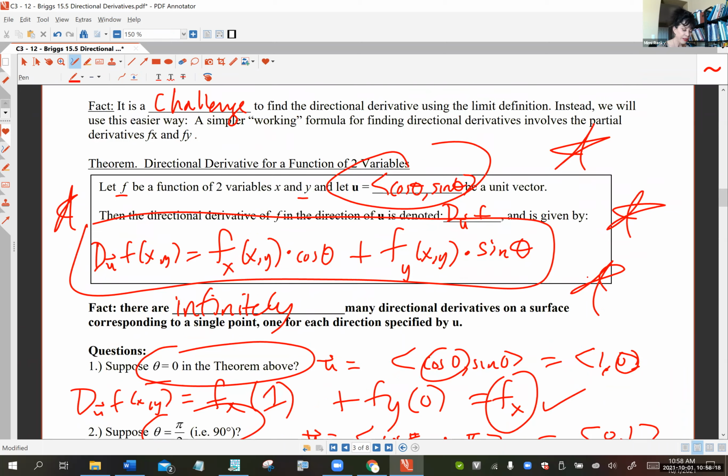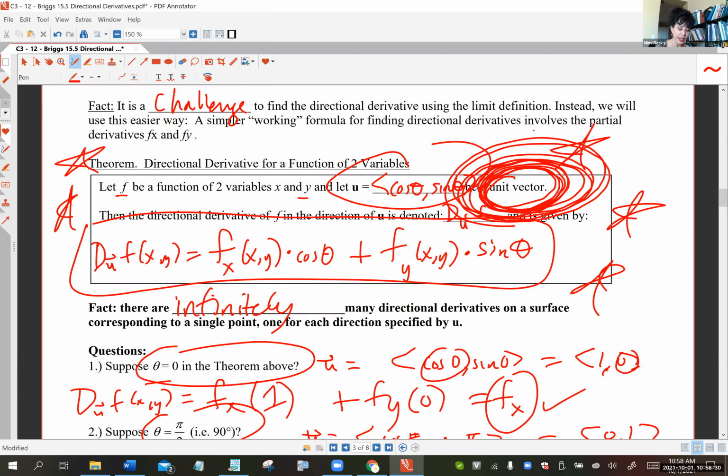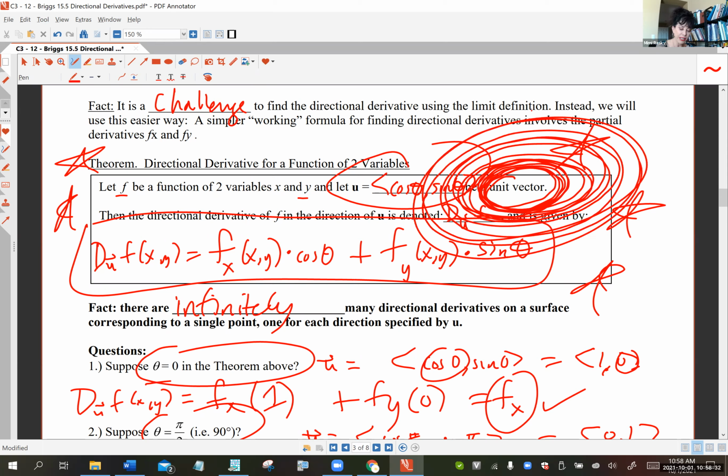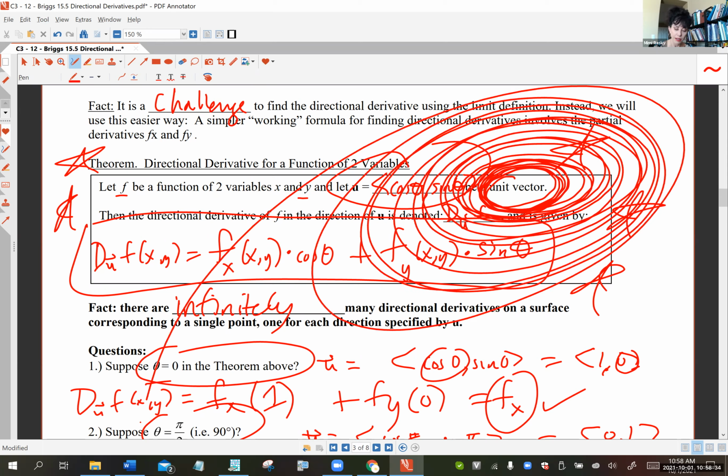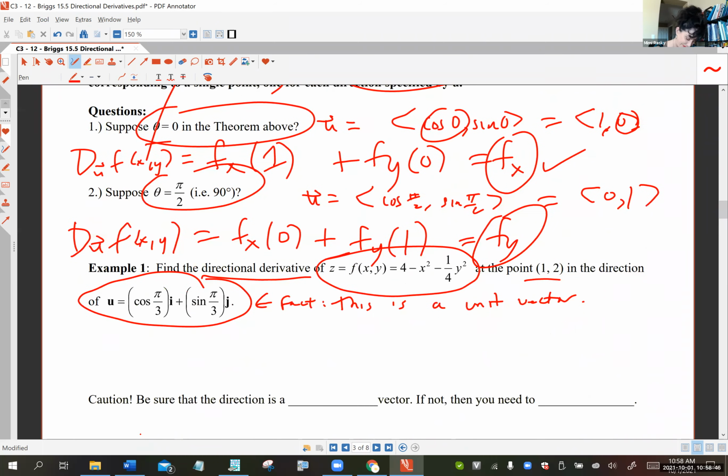Because one thing that students don't get, because some of them don't really listen to lecture, is that the directional derivative formula in this theorem will not work unless this is a unit vector. And if you do something other than a unit vector, I don't even give you any partial credit. You'll see.